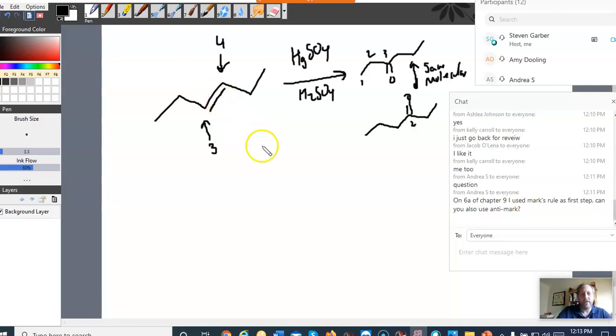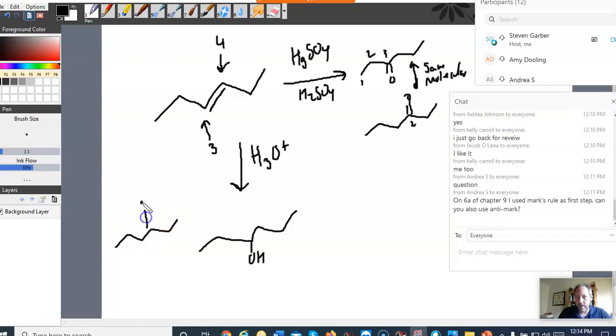Oh, I think I got your question. Can you use anti-Markovnikov? Yes, you could, but you'll get the same product. So I think how you're doing it, it would be H3O plus in order to get the alcohol. Now in this case it's equal, so I would get a mixture of this compound plus the other compound, but these are the same compound, and then oxidize it with PCC.